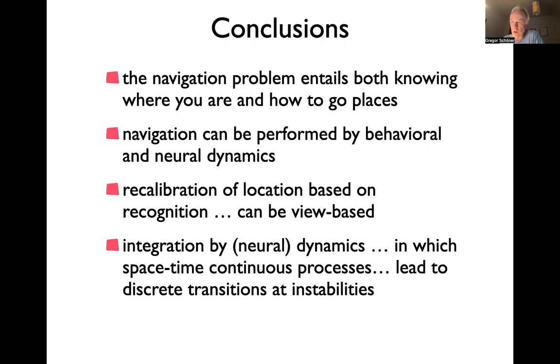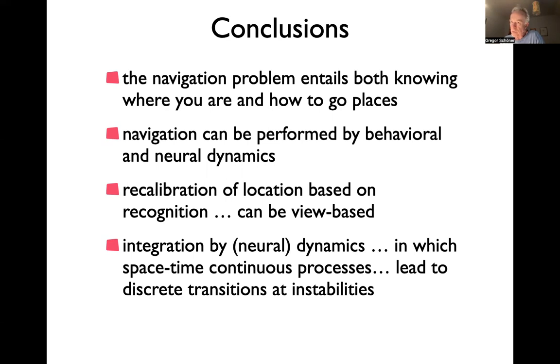In the example I showed you, I would call the estimation procedure also behavioral dynamics, because you're really estimating a physical state like position and heading direction, and updating that. But the decisions on when to make a home base and how to recalibrate and so on are based on neurodynamics that I didn't explain, what I call behavior organization.